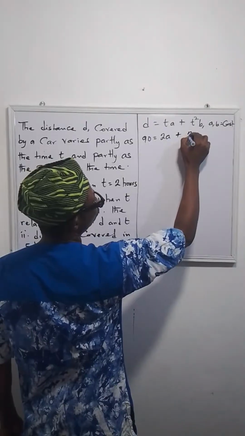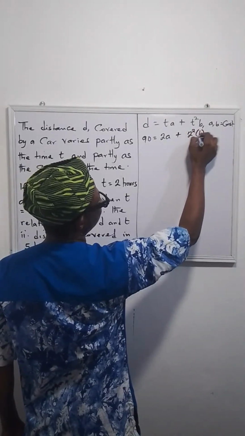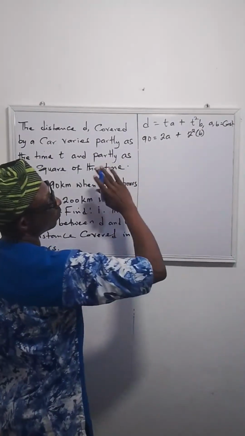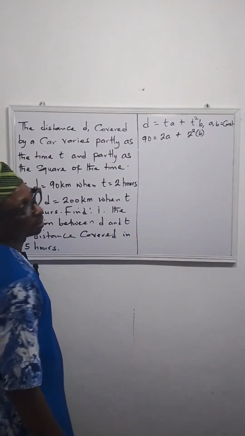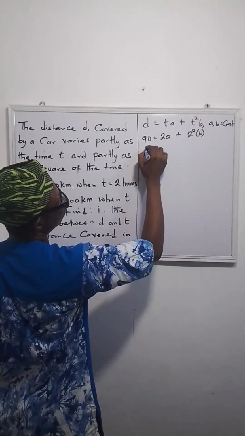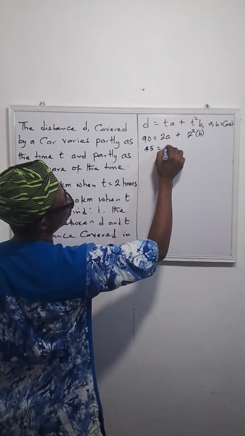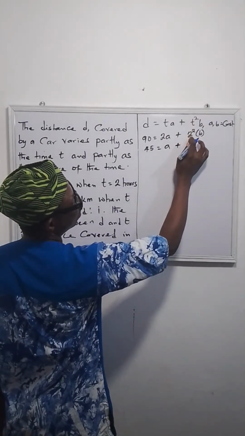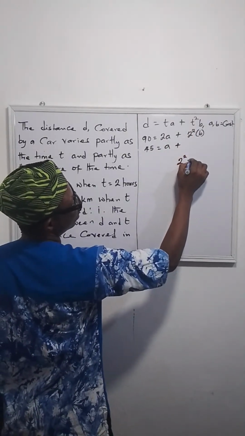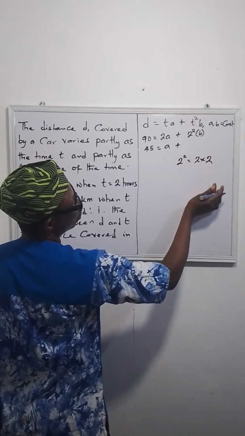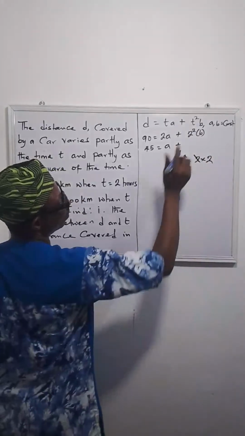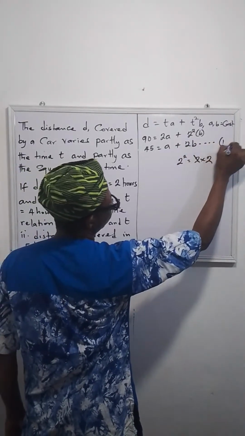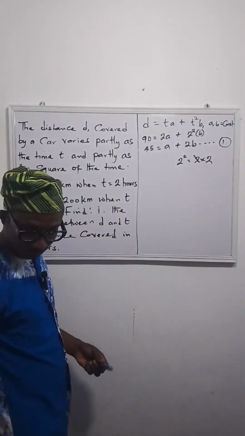Now we have 2 squared times b. We can simply divide through by 2. When you divide this by 2, you have 45 equals a plus, and since 2 squared is the same thing as 2 times 2, when you cut one, we are left with 2b. So we call this equation 1.